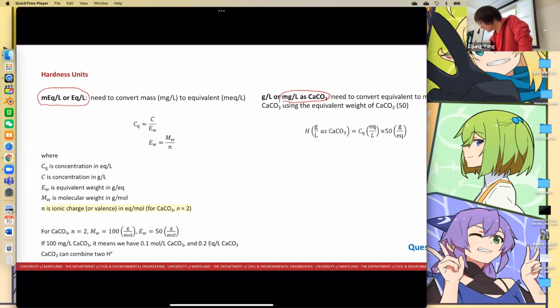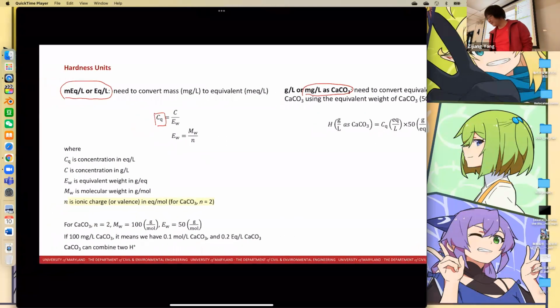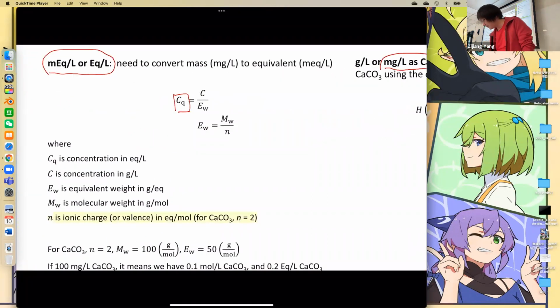In this case, we use CQ to express this equivalent per liter, and it can be calculated from the concentration by C over EW. In this equation, C refers to the concentration of the chemical in gram per liter, and EW refers to the equivalent weight in gram per equivalent.